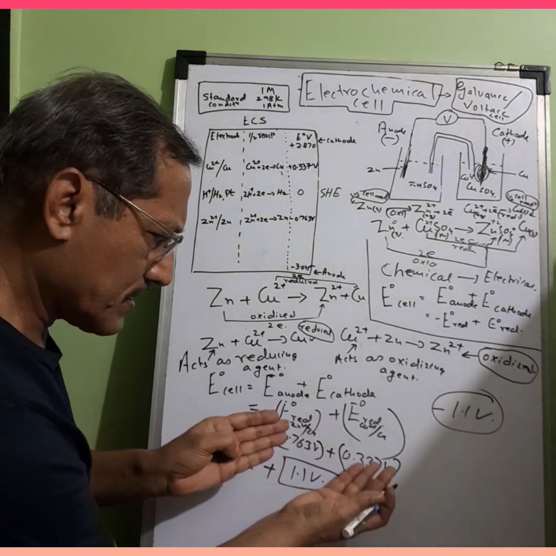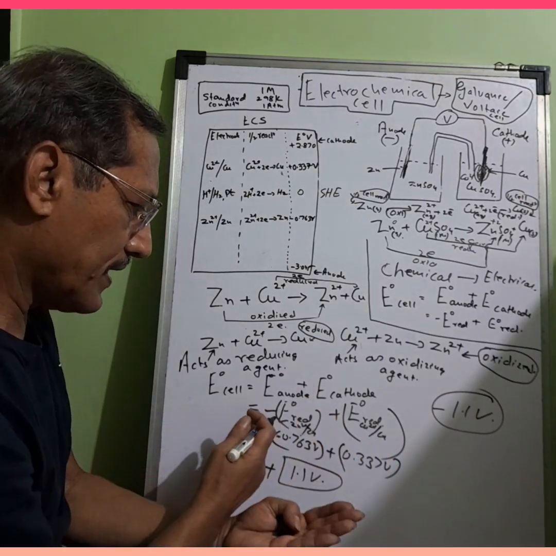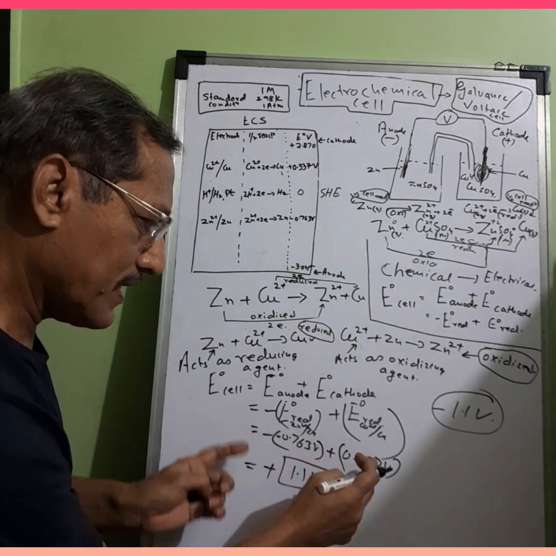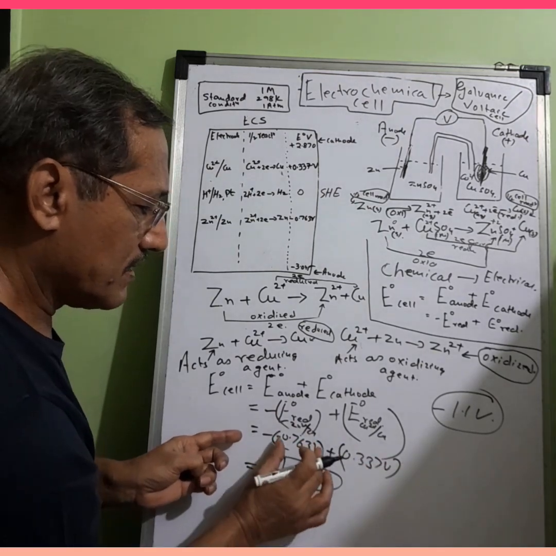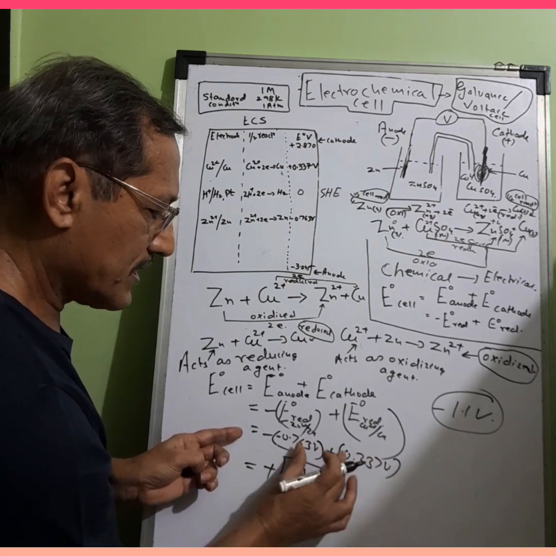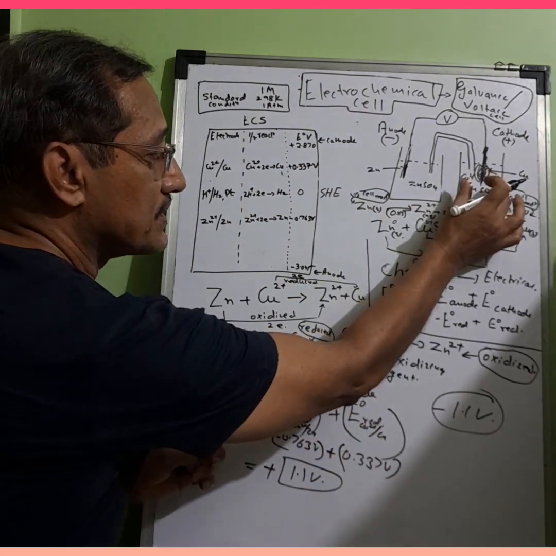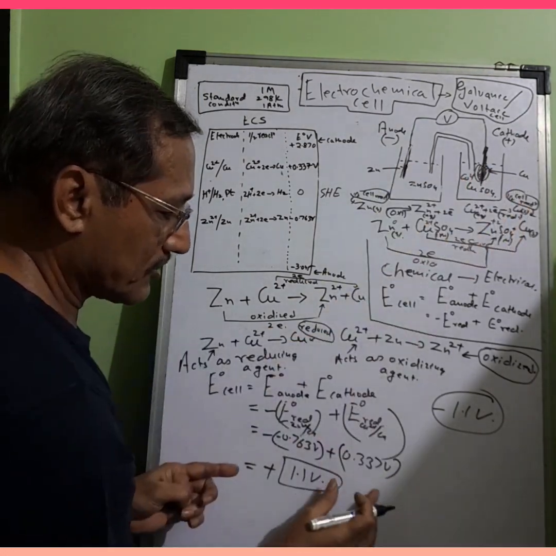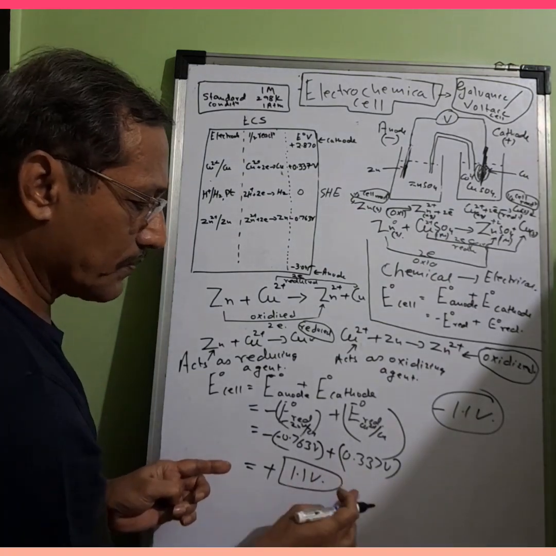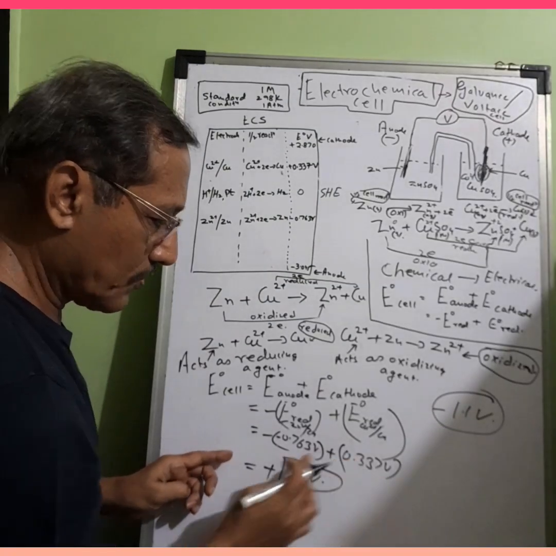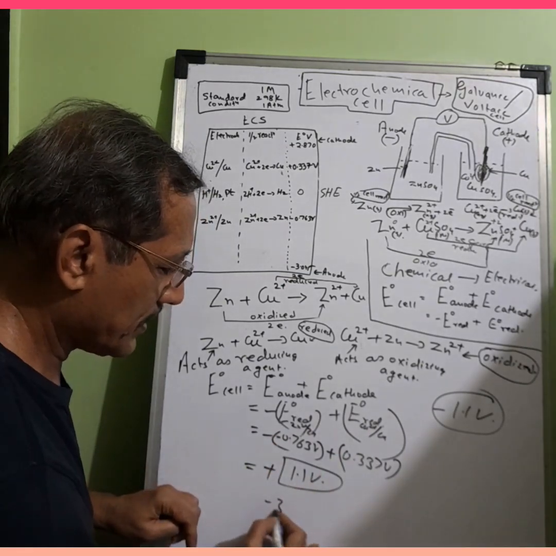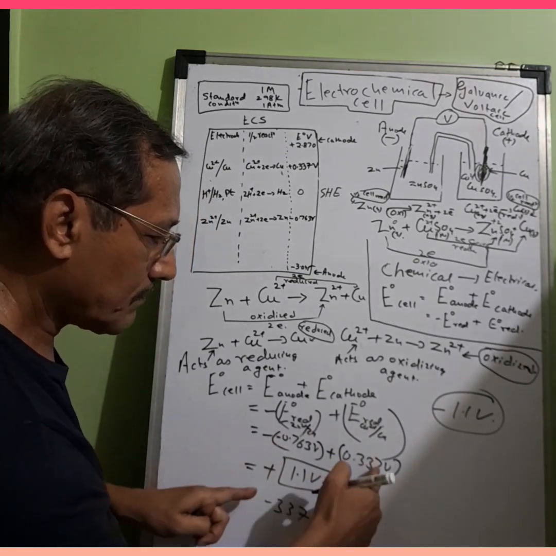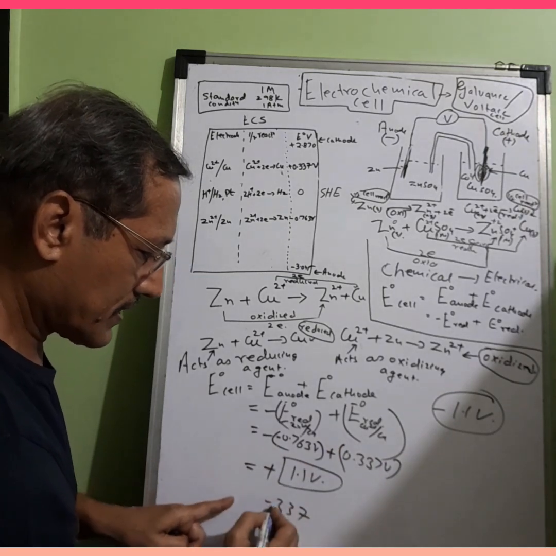Just visualize this. I would have taken the copper value over here and done minus to it, so it would have been minus 0.337, and this would have been the reduction. Since zinc would have been the cathode, both would be minus. Because this was plus, I had to multiply it with minus, so it would have been minus 0.337. I hope you're understanding.